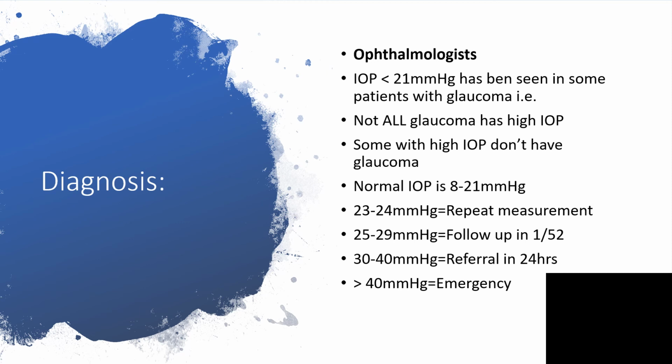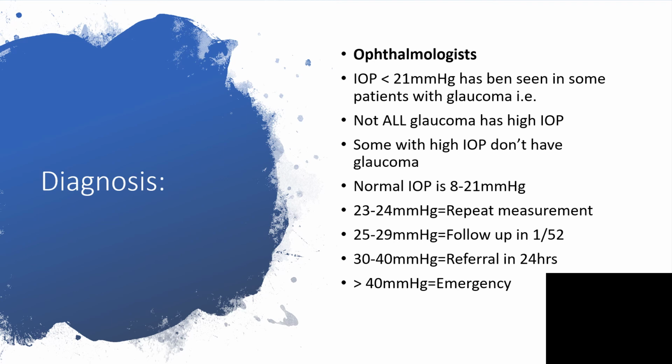So if intraocular pressure is less than 21 millimeters of mercury, as could be seen in some patients, that is a clue that not all glaucoma will have high intraocular pressure. Some with high intraocular pressure may not even have glaucoma.